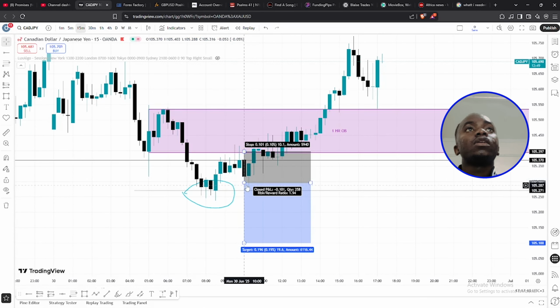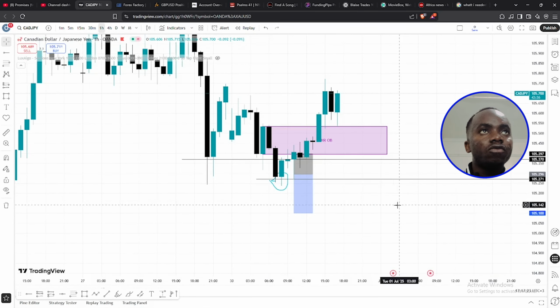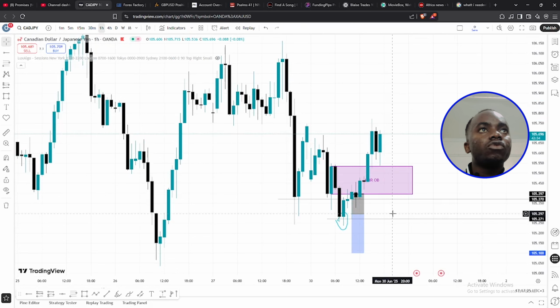So the same mistake here: the 1 hour has to give you a confirmation of entry. That is one of the problems that I have discovered. If that 1 hour gives you a confirmation, you're good to enter. If you don't have a 1 hour confirmation of price changing character or moving towards your buyers, then you don't trade.